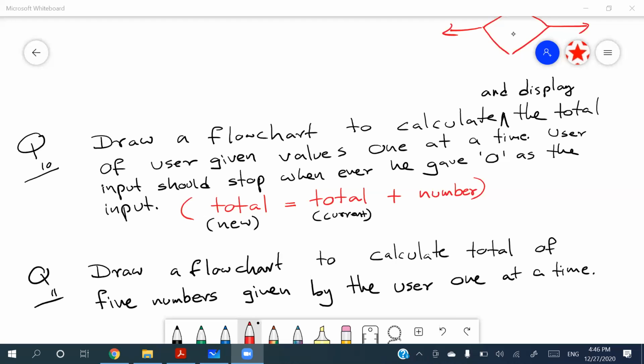Then the second number is taken, counter becomes 2. Third number is taken, counter becomes 3. Fourth number is taken, counter becomes 4. Fifth number is taken, counter becomes 5.